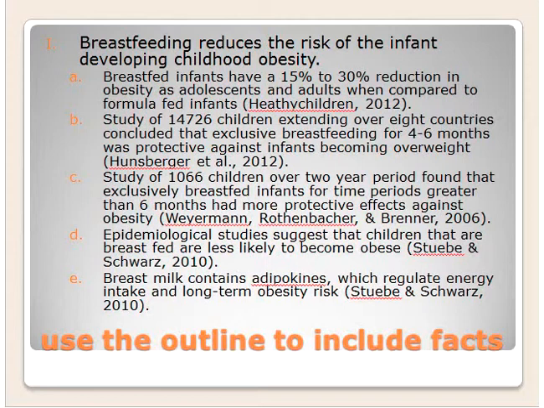So the first point, you can see there's a 15 to 30% reduction when compared to formula-fed infants. You can see there's a study where they're talking about the specific large number of children that were part of the study. Another study with specific information.